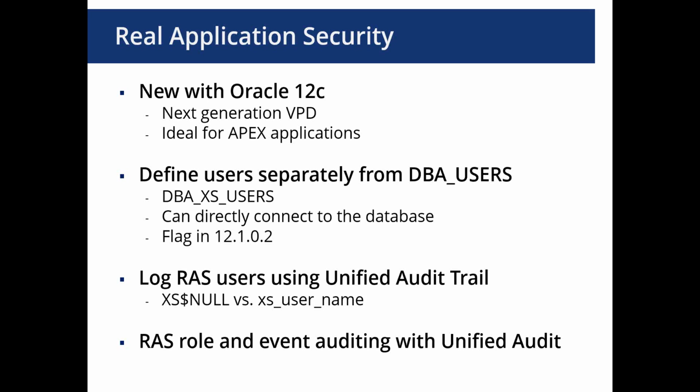So if you're familiar with the DBA users table, if you're a technical person, there's now a net new table called DBA XS users that defines the Real Application Security, or RAS, users. Now, one piece to note here is the difference between 12.1.0.1 and 12.1.0.2: 12.1.0.2 actually provides a flag now that you can prevent RAS users from directly connecting to the database.